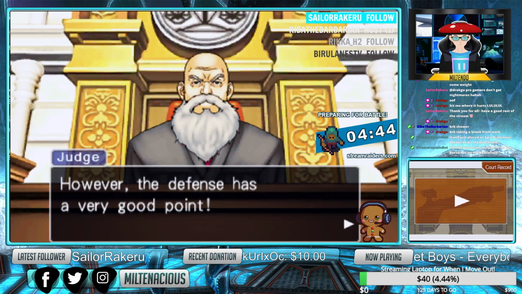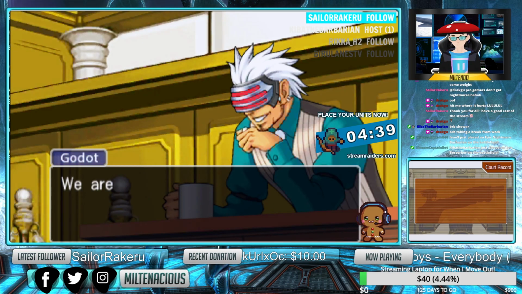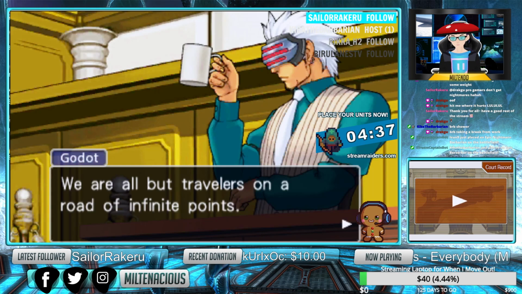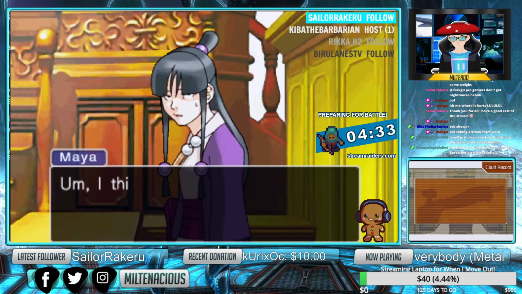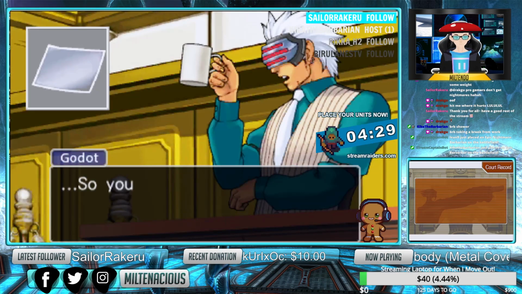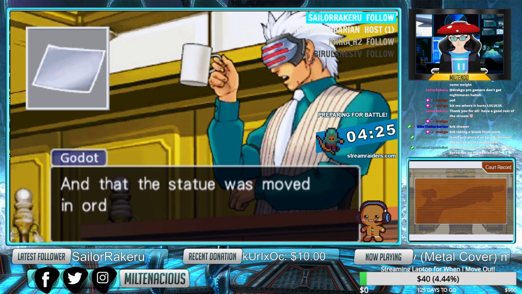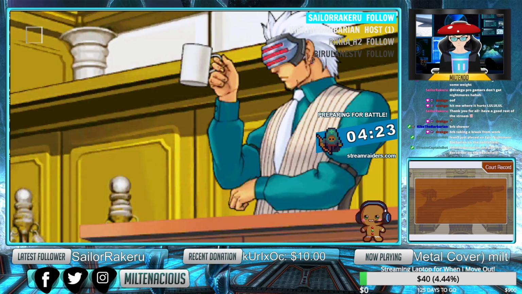However, the defense has a very good point. A good point? So what? We are all but travelers on a road of infinite points. Oh, ain't that metaphorical? I think he's got his points mixed up with his other points. So you say this photograph was taken ahead of time, and that the statue was moved in order to make it match.